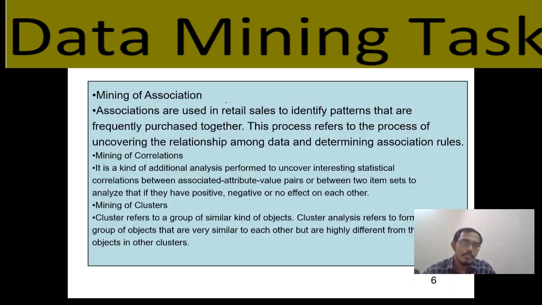So here is the mining of association. Basically, association is the process of uncovering the relationship between the data and determining the association rule. So suppose we are going to some shopping mall or somewhere, and we have to buy some particular item.